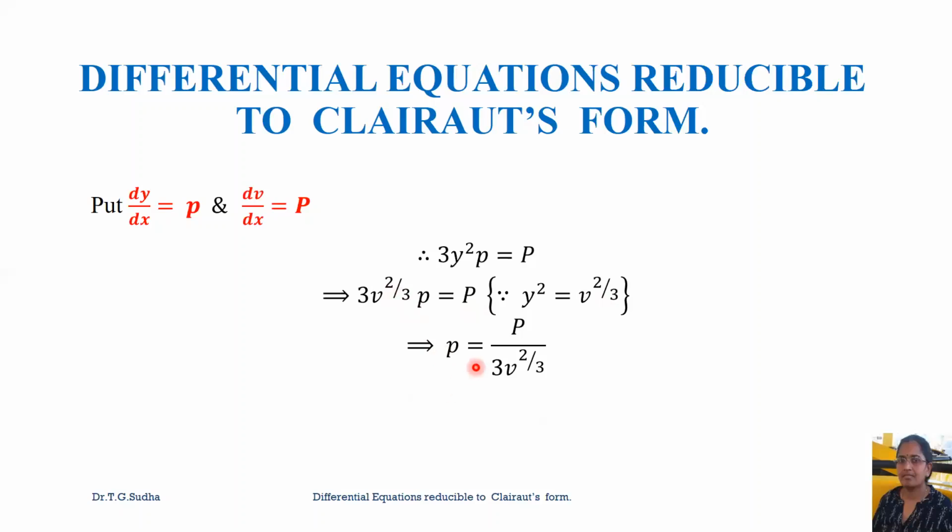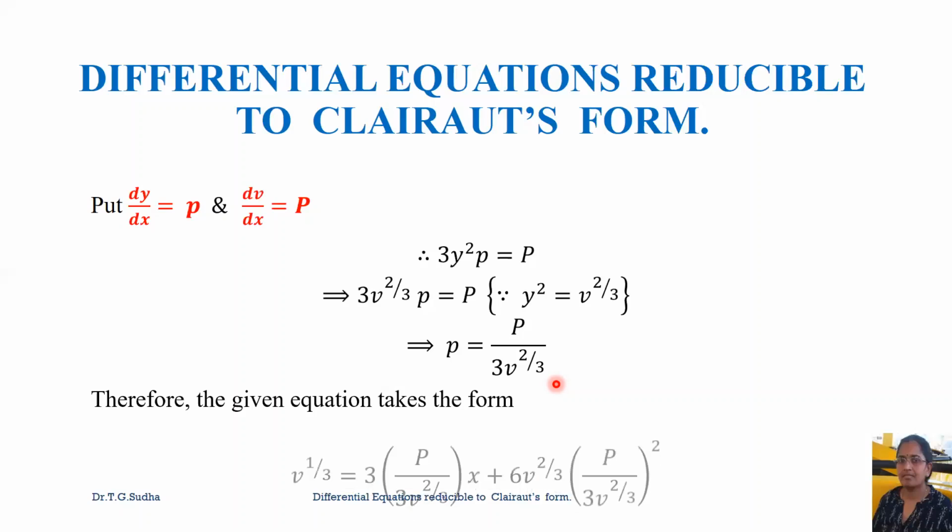So small p is equal to capital P divided by 3 into v to the power of 2 by 3. So let us give this substitution, p equal to capital P by 3 into v to the power of 2 by 3, as well as y equal to v to the power of 1 by 3 in the given differential equation.